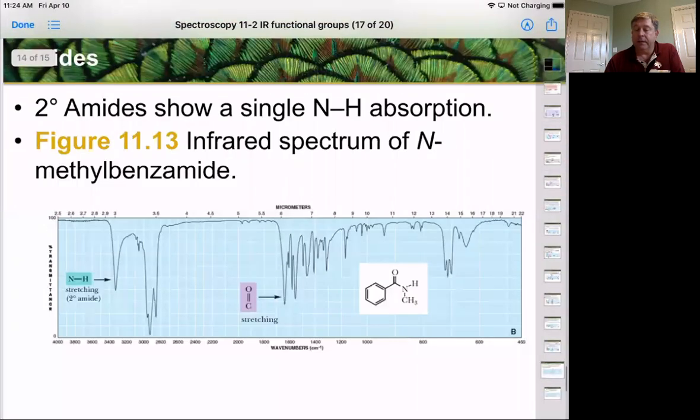Okay, so here's an example of a secondary where we do have a hydrogen on here, and that gives us a single peak up in this nitrogen-hydrogen range. We still have our carbon-carbon, carbon-hydrogen bonds. We have our carbon-oxygen bond, and then these are our carbon-carbon bonds as well.